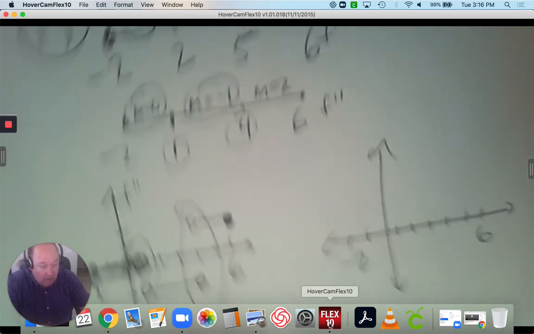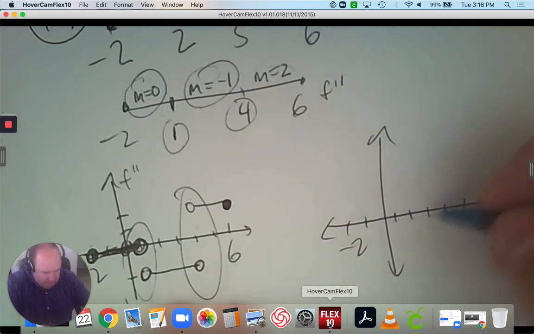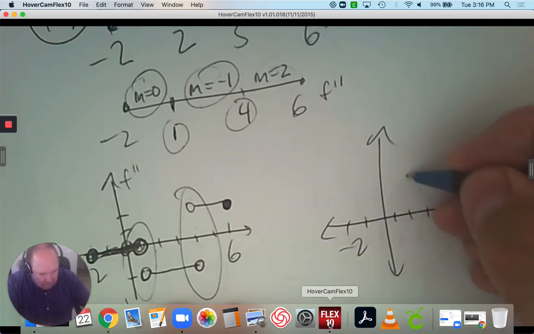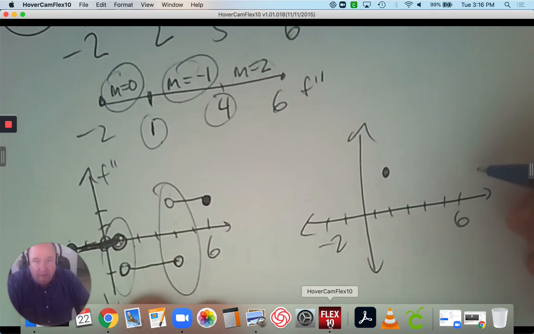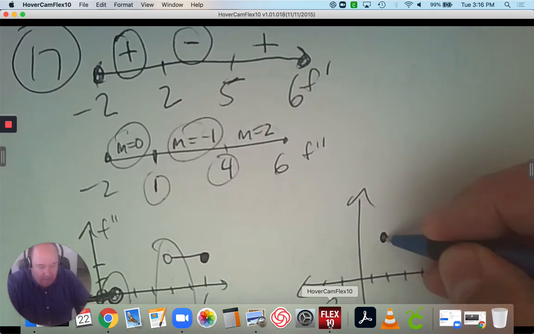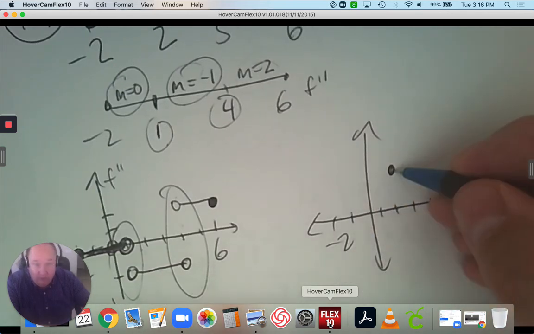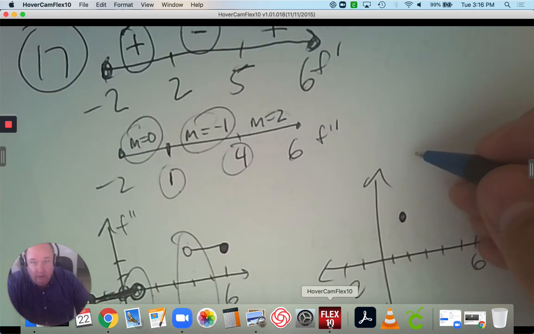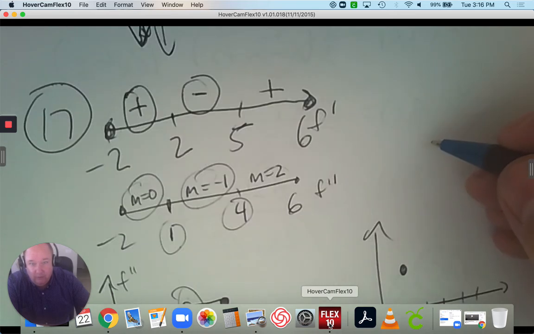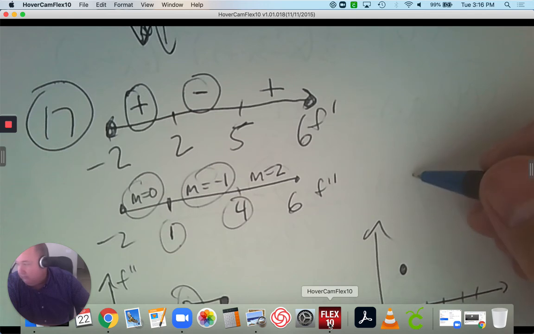So it's going to go up and then down. So I'm going to pick a point at +2. And what I know is that wherever it is, it's going to increase. And I know it is the second derivative.